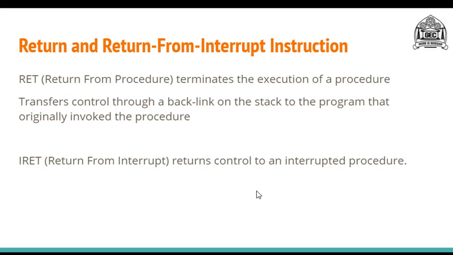Once that interrupt is executed, you need to shift the control back to the original program, right? So how do we do that? Using your IRET instruction. To get the control back from the interrupt to your main program, we use the IRET instruction, which is return from interrupt.